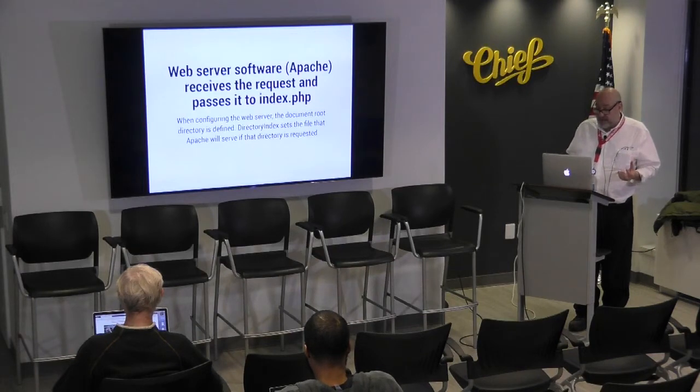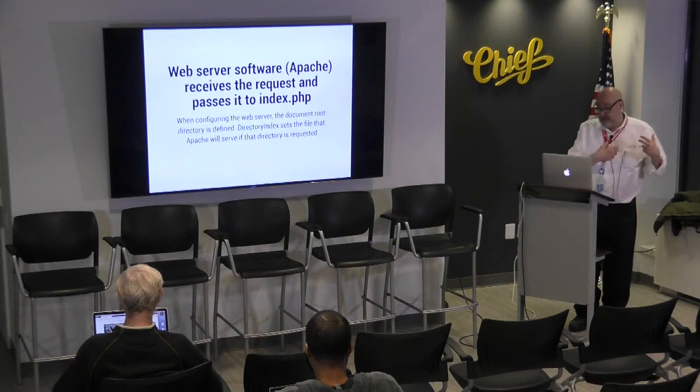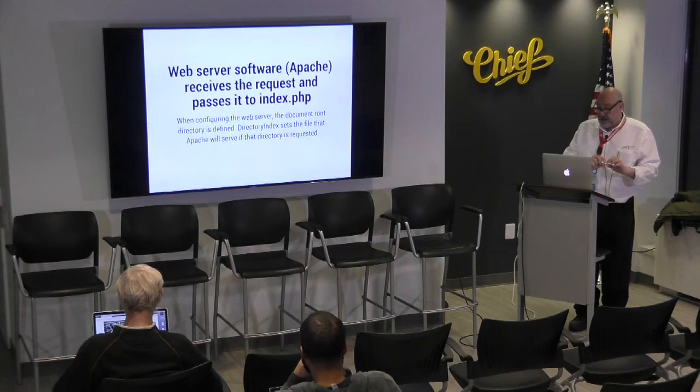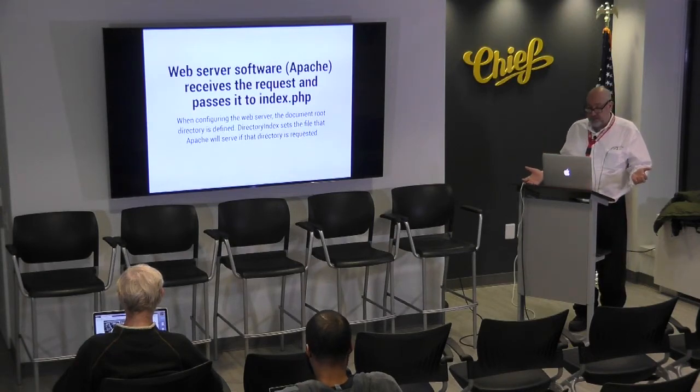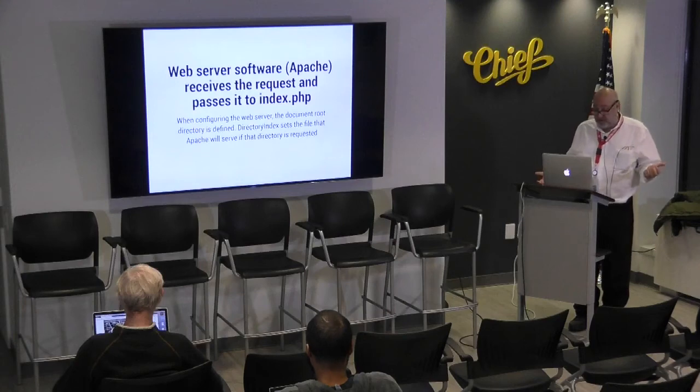But at that point, it knows where index.php is on the server, and it says, index.php, here, you handle this now. You take this and start generating content off of this URL that we've structured, and it represents real content that you can return to a user.